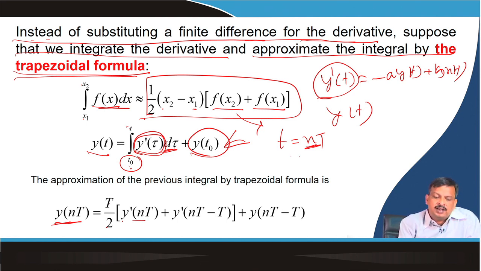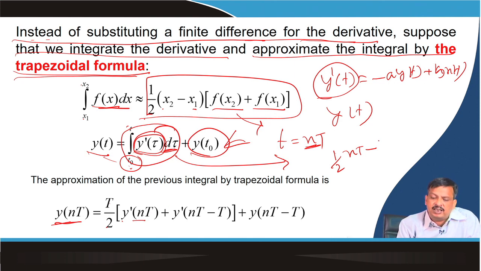So I can say the integration is nothing but half of x2, where x2 is nT, minus x1, which is t0. So t0 is nothing but the 0th instant, so let us say t0.